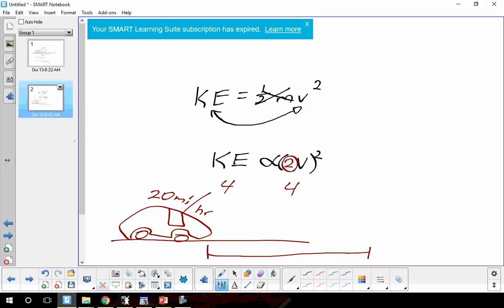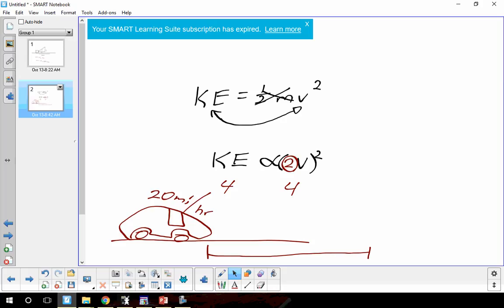So by going from 20 miles per hour to 40 miles per hour, your stopping distance doesn't double, it quadruples. Your kinetic energy will increase with the square of velocity, and so will your stopping distance.